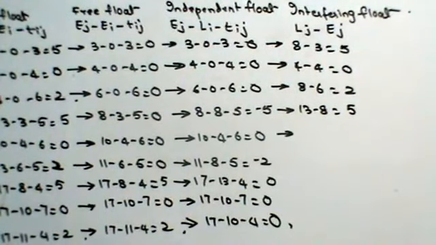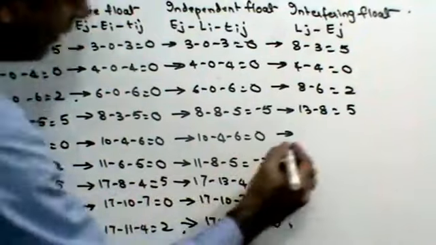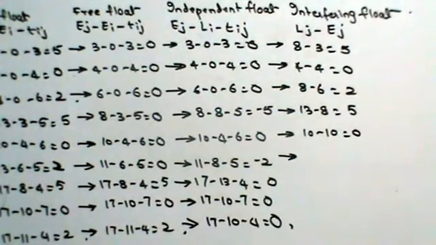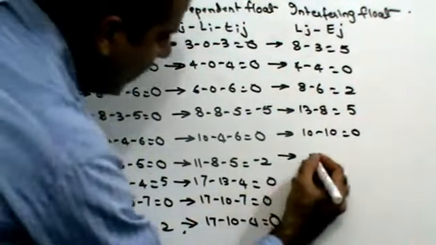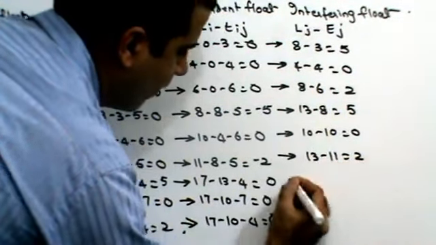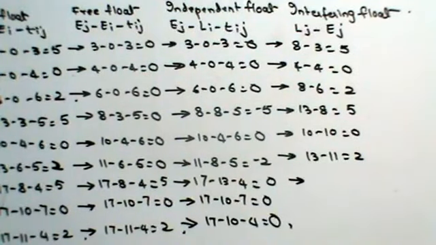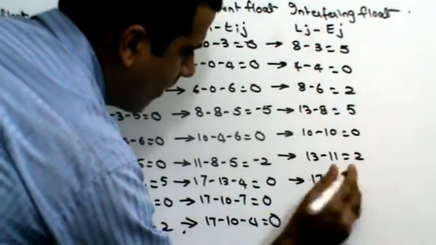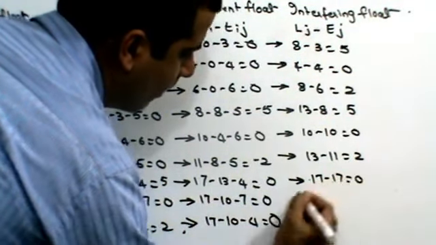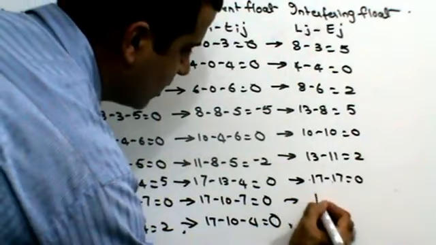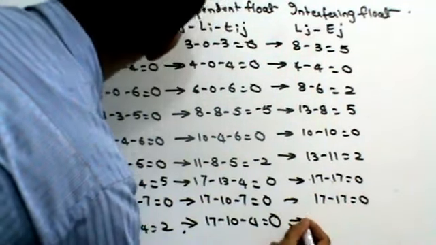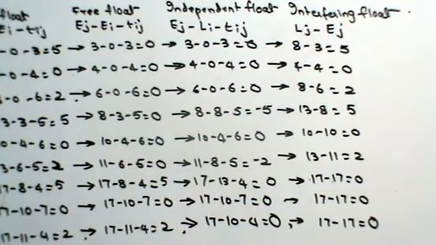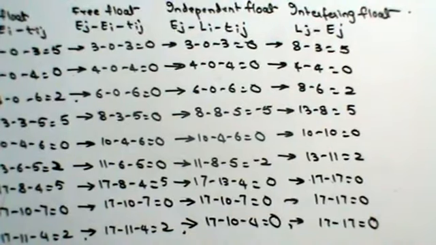For activity E, it is going to be 10 minus 10. For activity F, it is going to be 13 minus 11. For activity G, it is going to be 17 minus 17. H is also 17 minus 17 and I is also 17 minus 17. So those were all the different types of floats that you could find out.